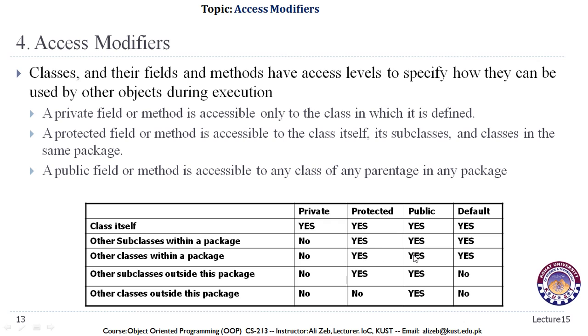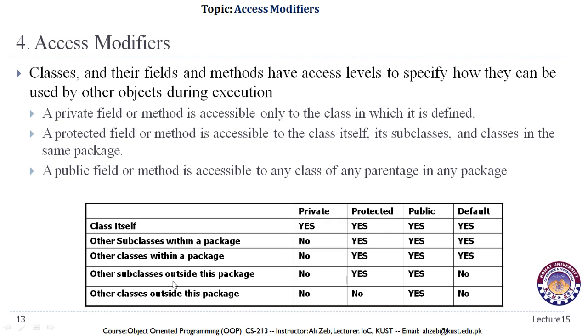A protected one, a public one, and a default method or field is accessible to the other classes within the package. We need to keep in mind that within the package, except for the private, all of the three would be accessible to the other classes.